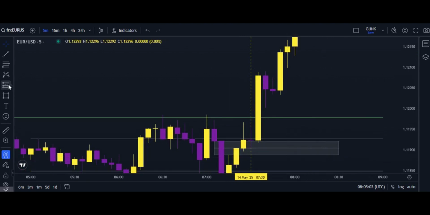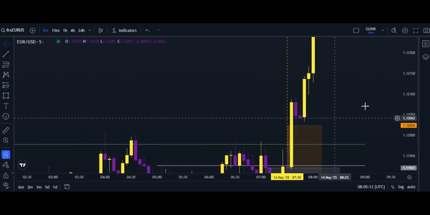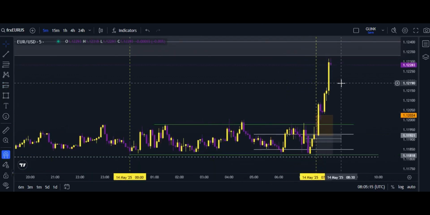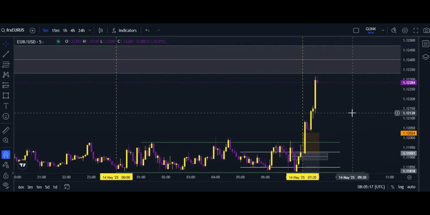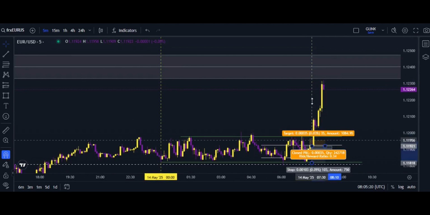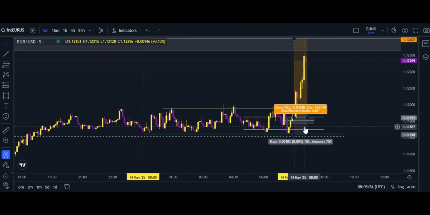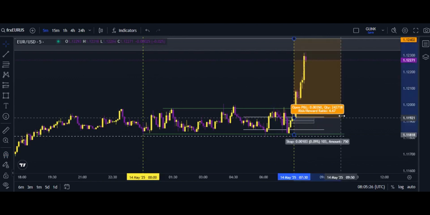So initially you then just take your position right at the top of the imbalance, aiming for draw on liquidity, which is the weekly opening imbalance.